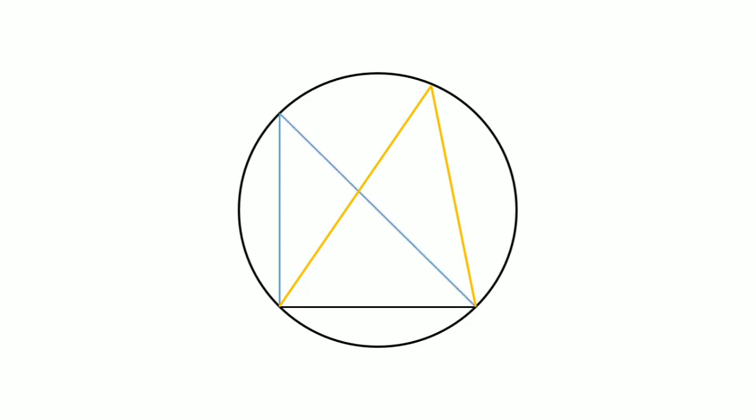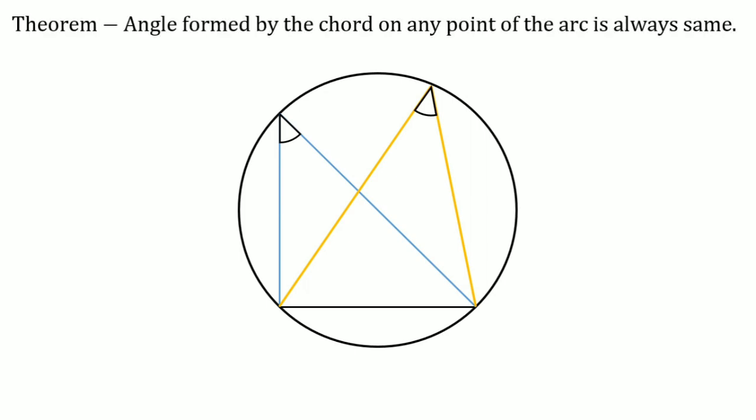For finding our answer, we need to learn a lot more theorems. One of the theorems says that if we have a circle and we draw a chord on it, and we make an angle with lines touching the arc of the circle, wherever these lines touch the arc, the angle between them always remains the same. So the theorem says the angle formed by the chord at any point of the arc is always the same.